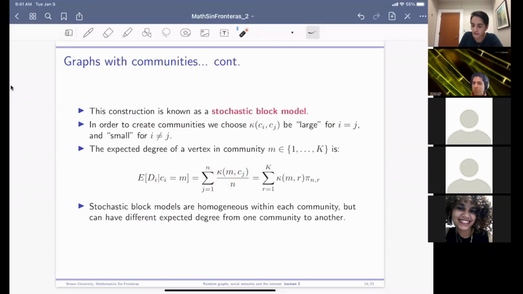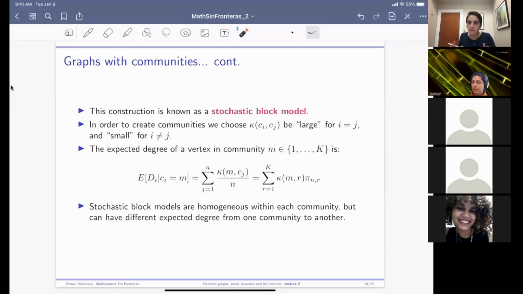After some simplifications, this is equal to that pi, the proportion of the graph that community r represents. Once I do the sum and a little transformation, I get the expected degree.